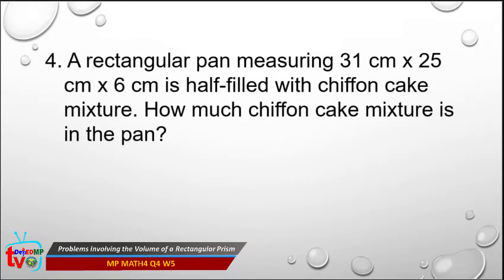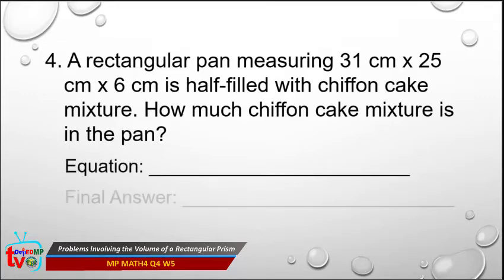Number 4. A rectangular pan measuring 31 centimeters times 25 centimeters times 6 centimeters is half filled with chiffon cake mixture. How much chiffon cake mixture is in the pan?